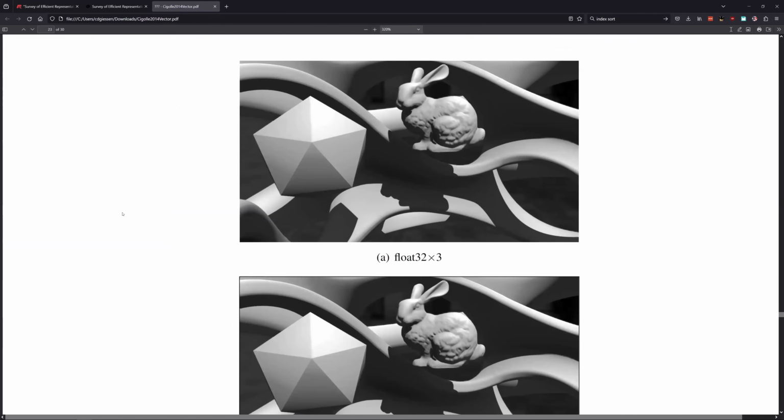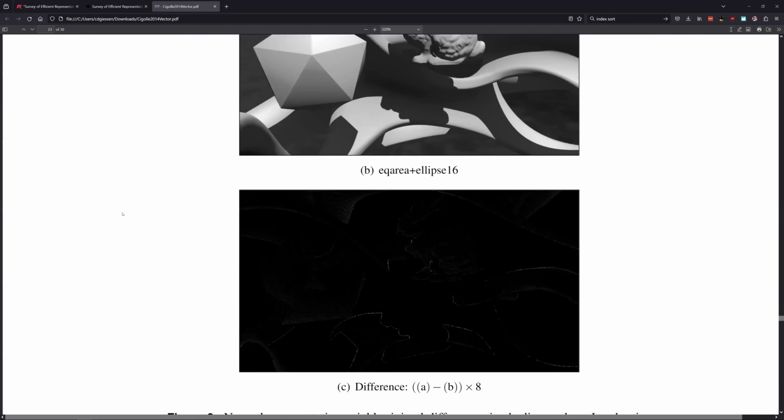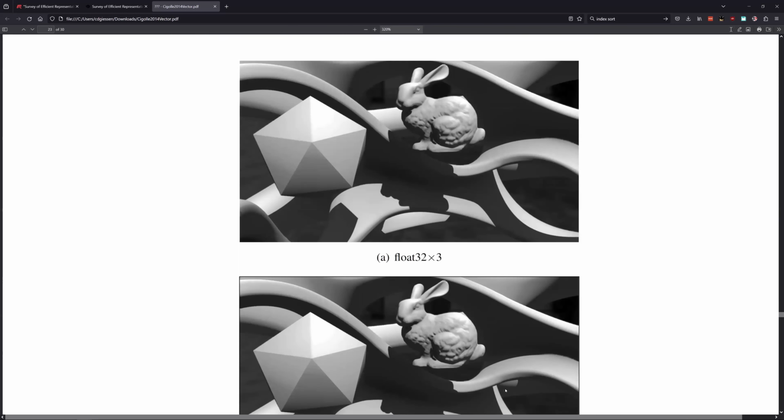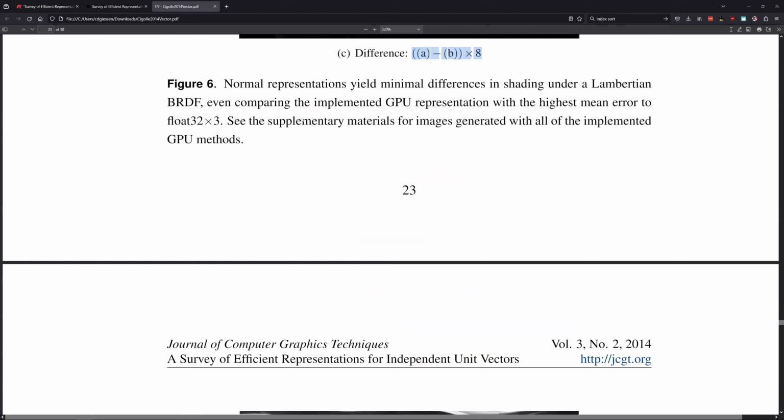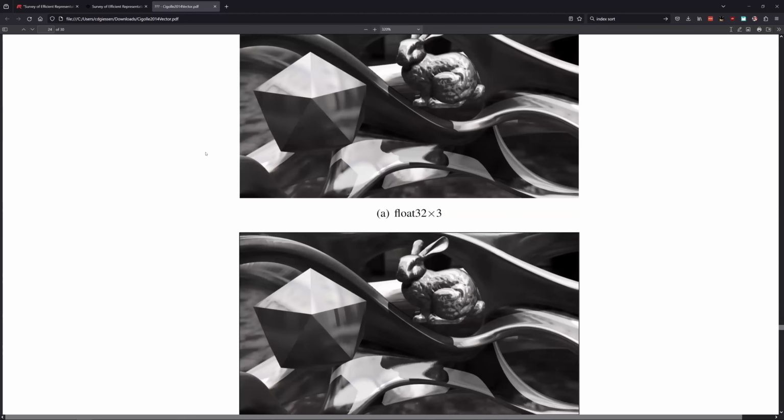Okay, get some pretty pictures. Very subtle difference between the 2 images, only on the edges of shapes, really. I can see banding here.